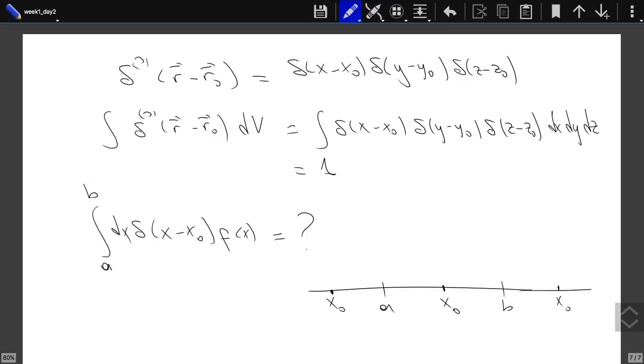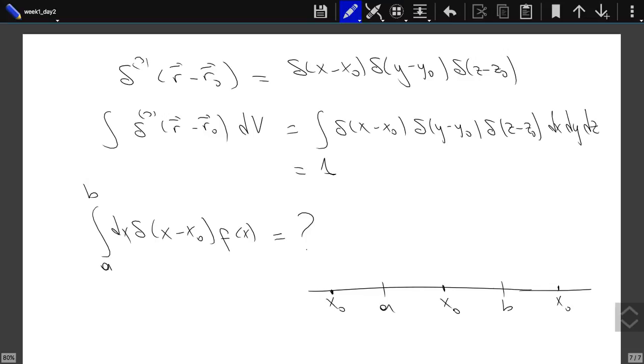You see, this is an integral. Again, let's remember the definition of an integral. The integral is just a sum. You give x values in the range from a to b and sum the contributions.